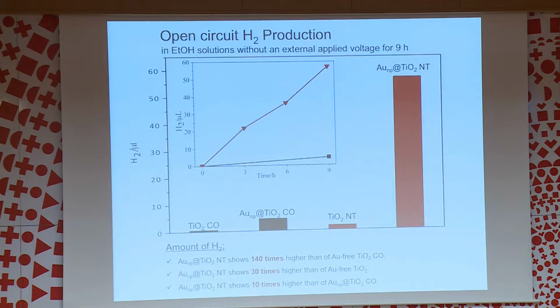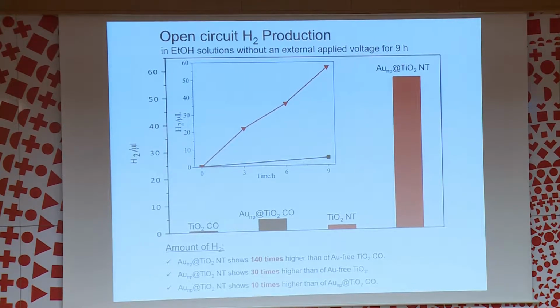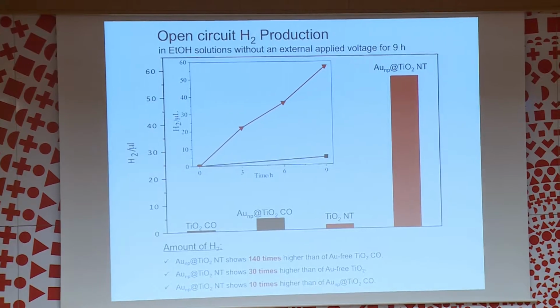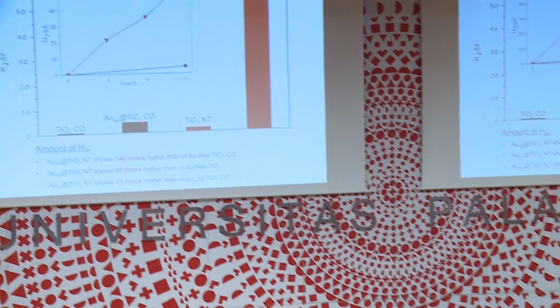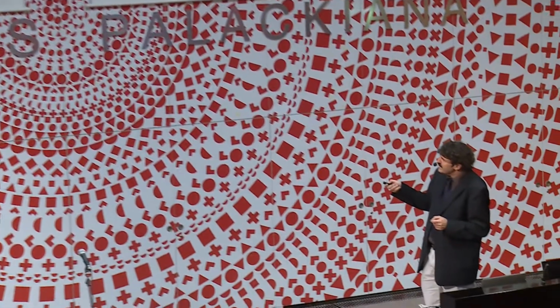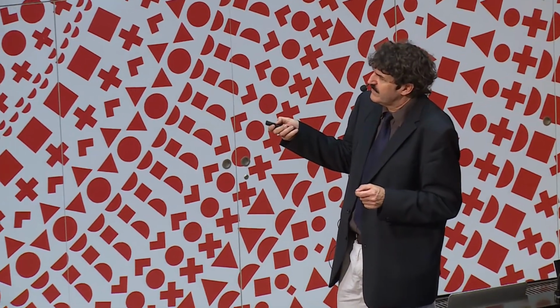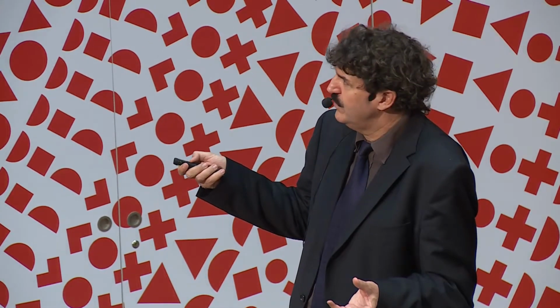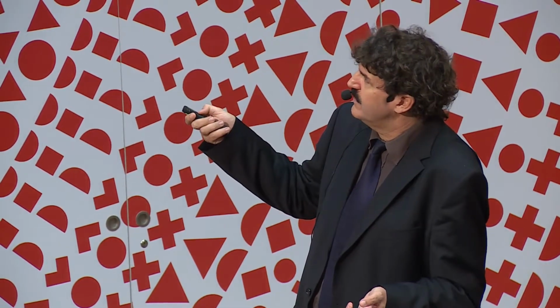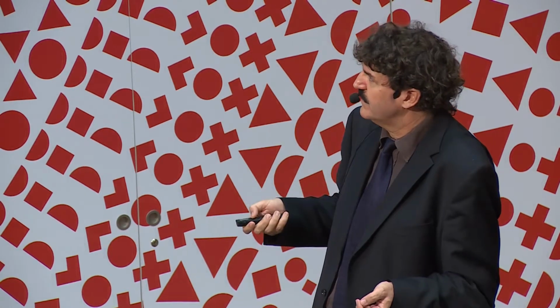And just as an example of how much better this surface works in the decomposition of alcohol water mixtures: compared to a flat compact titanium dioxide decorated with conventional nanoparticles with about the same density and the same amount of gold, with this geometry you see about a 10-fold increase.